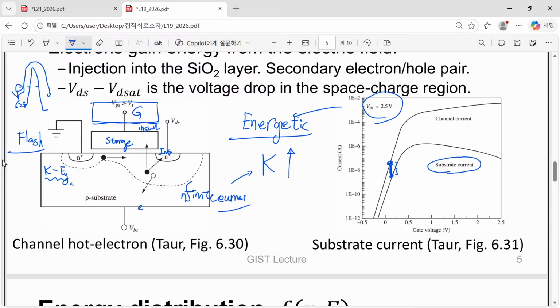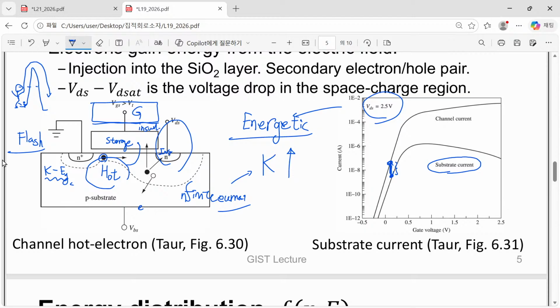Now by applying a high drain voltage and at the same time a high gate voltage, what will happen? These electrons become hot, and this gate voltage tries to lower the potential barrier experienced by this hot electron. By combining them, we have a much higher probability for this electron to enter into this storage node.